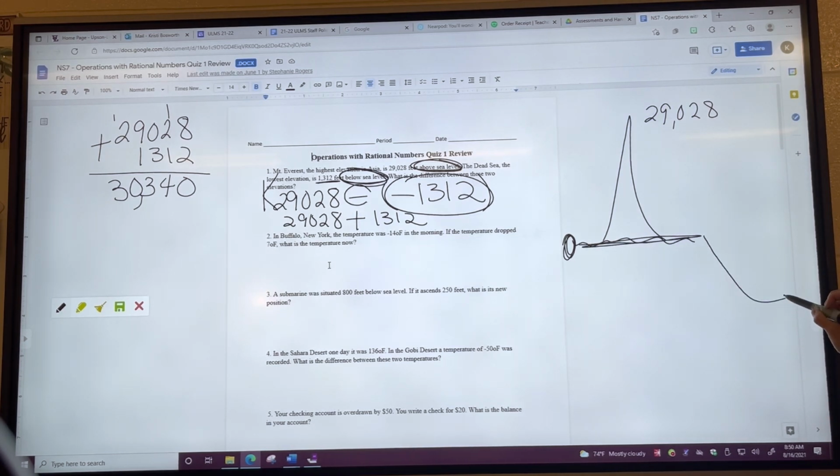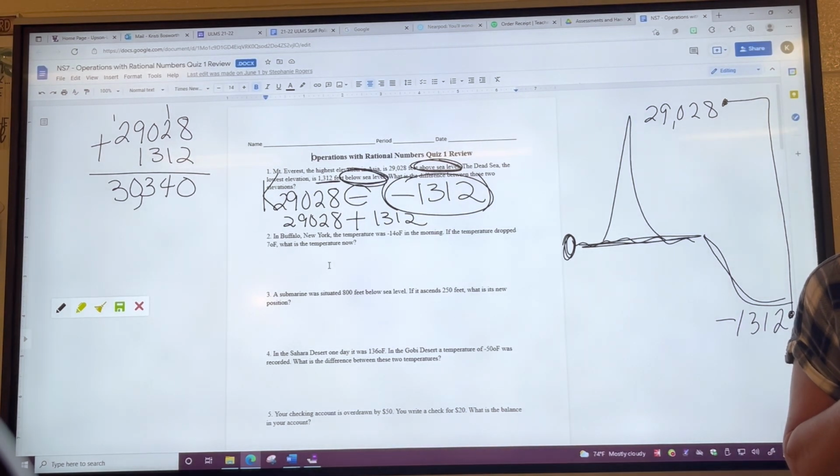Here's the Dead Sea down here at 1,312 feet, okay? I want to make this make sense to you. So this is negative 1,312 because it's below 0. What we're trying to find out is how far this is from this. So let's look at how far each one of them is from 0.